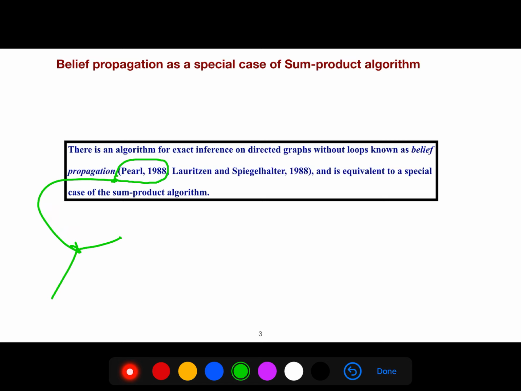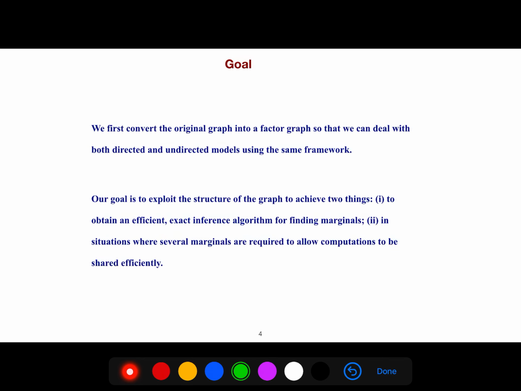And now we are talking about the same thing, but now we call it sum product. It's very similar. And we first convert the original graph into a factor graph so that we can deal with both directed and undirected models.